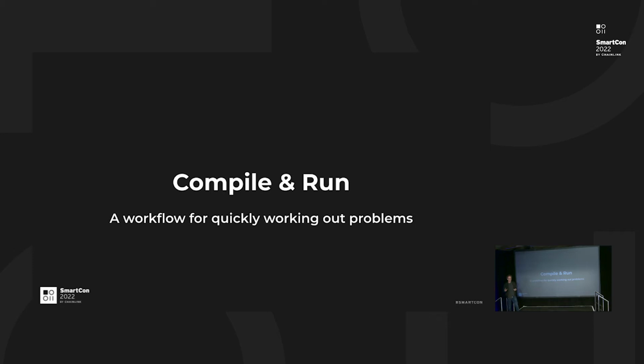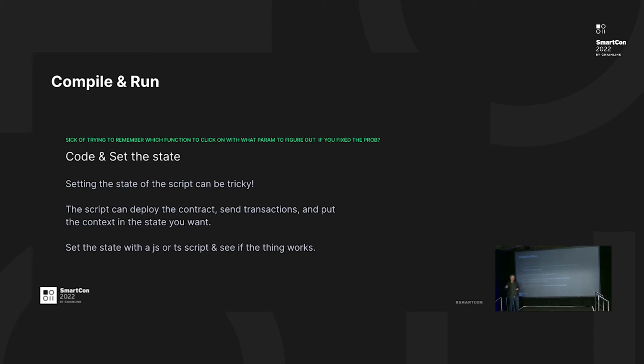And then we have this new workflow called compile and run. When you're coding a contract and setting the state, often you have to deploy multiple contracts, or interact with a bunch of different functions to get to the state to figure out if your next line of code worked. It's kind of tedious. So we have this workflow now where you can write a script and deploy and do all the interactions with Ethers or Web3, and make a JS file script.